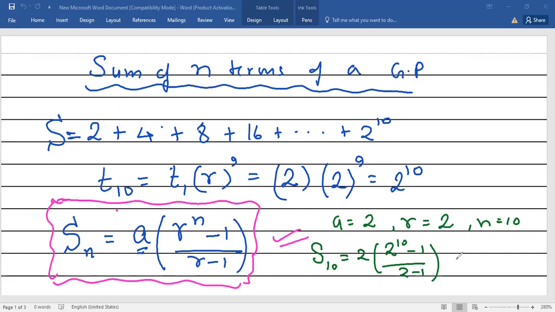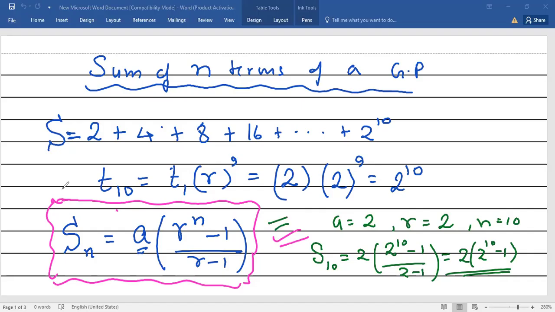This is sufficient. You can write 2 to the power 2 multiplied by 2 to the power 10 minus 1. This is the sum of n terms of this particular GP. Now remember that the common ratio may be positive, negative, an integer, or a fraction. For every such scenario, this formula is valid.